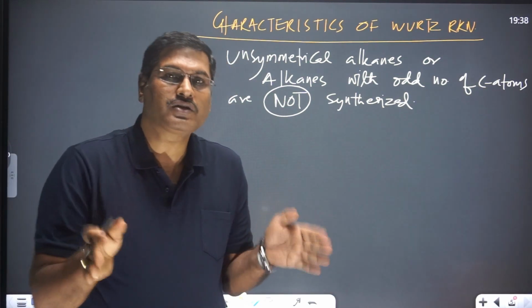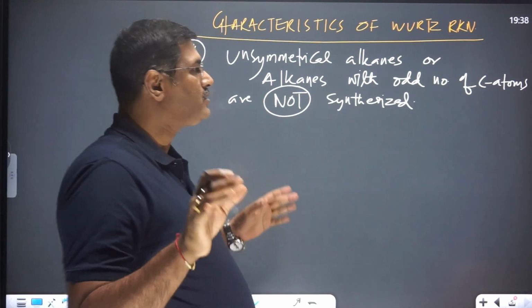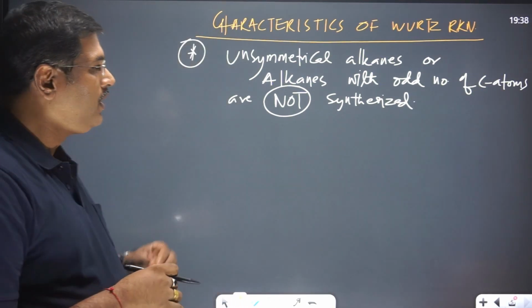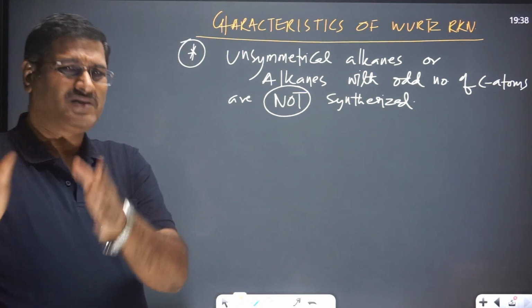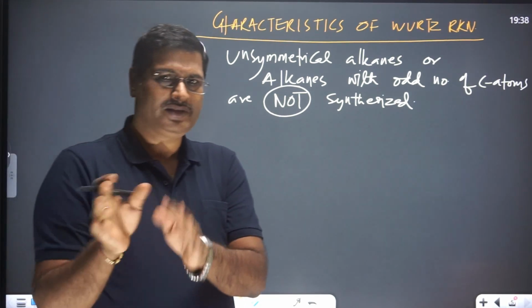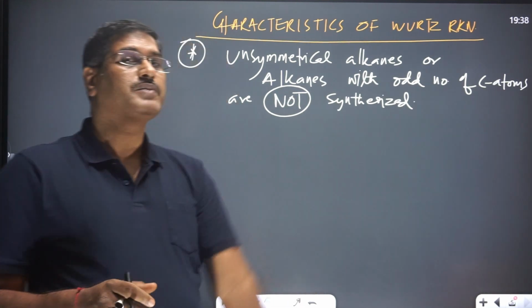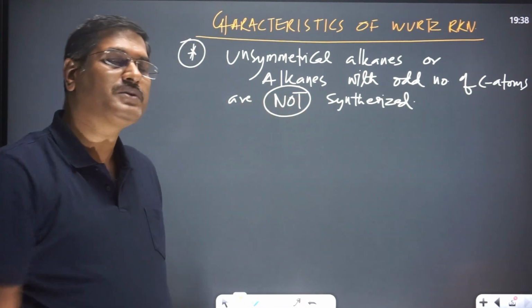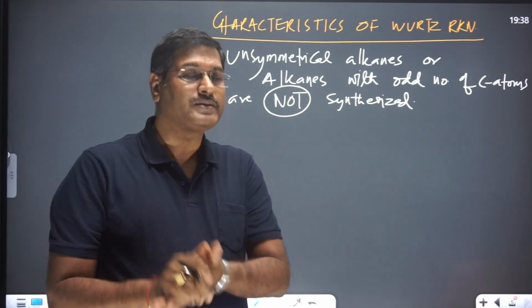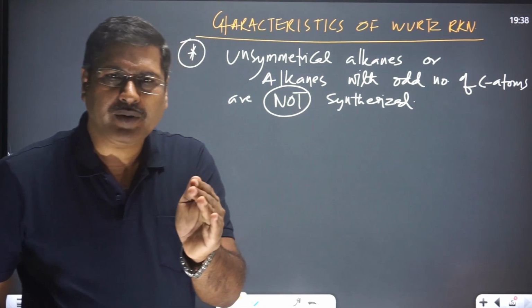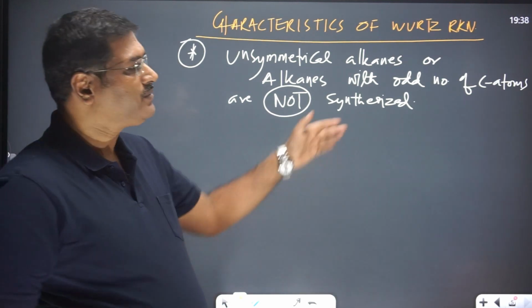Because this is a coupling reaction. So if the alkyl part of the alkyl halide is unsymmetrical, on coupling that becomes symmetrical. If the alkyl group contains an odd number of carbon atoms, on coupling that becomes even.